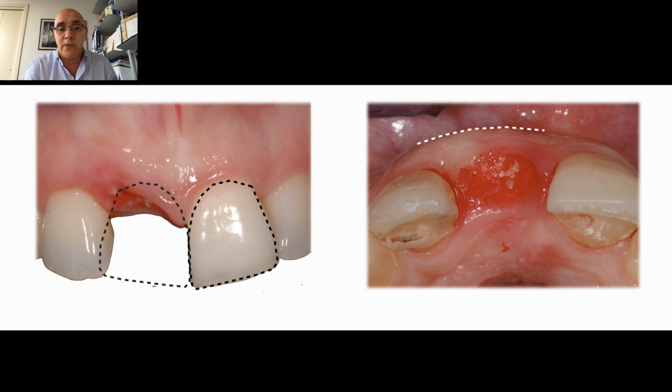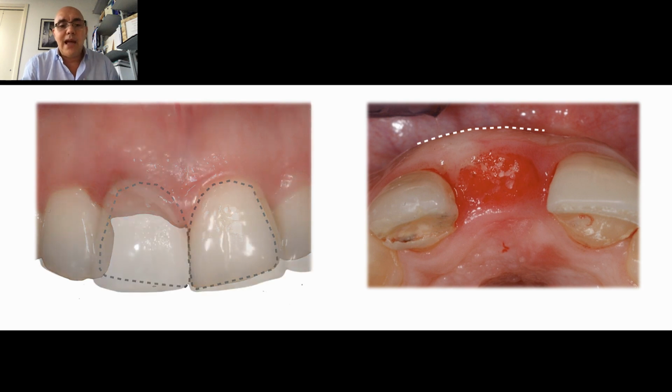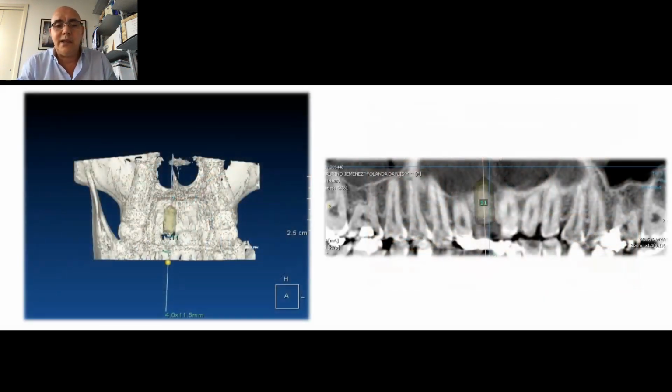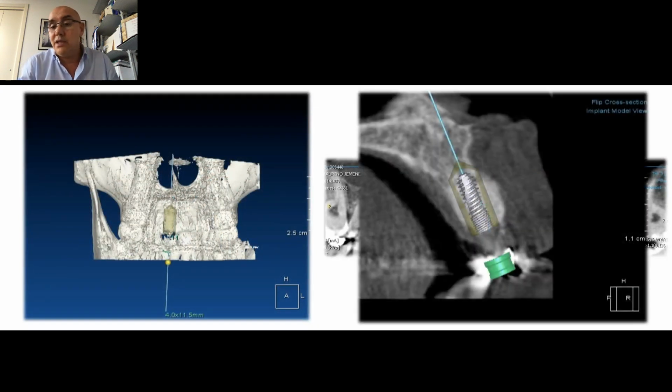So we have both bone and soft tissue in excess. We are very lucky, so the moment we place the implant and the temporary crown, we get a little bit of inflammation because the patient is not going to brush for the first week, but a very nice immediate result.